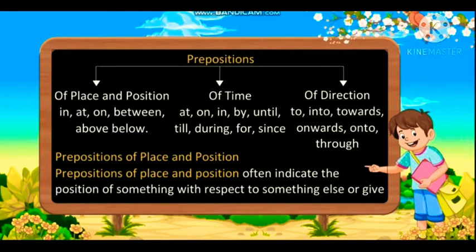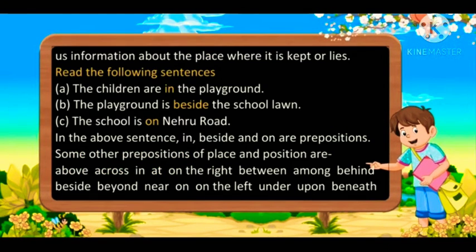Prepositions of place and position often indicate the position of something with respect to something else or give us the information about the place where it is kept or lies. So basically, क्या होता है?